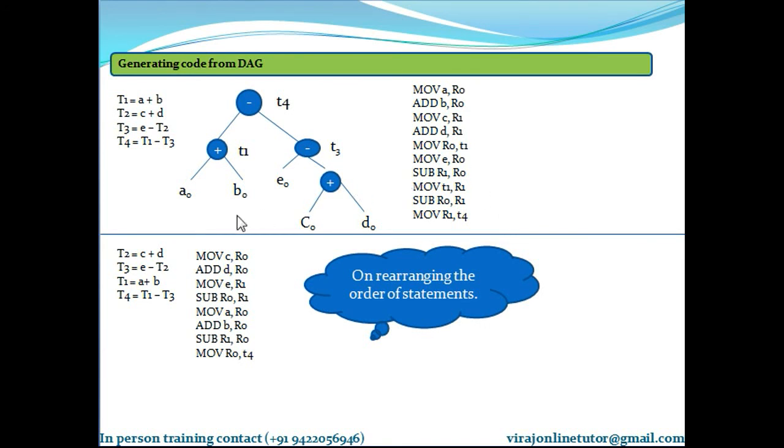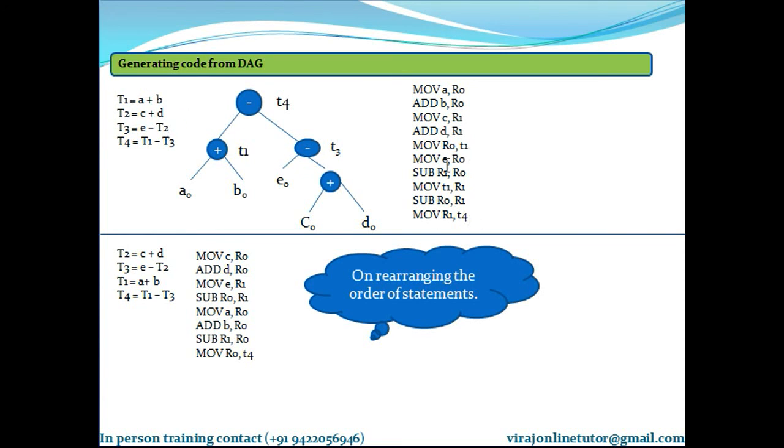machine code. Move A into a register, add B to that register. So R0 contains A plus B now. Move C into register R1, add D to that register. So R1 contains C plus D. Move R0, which contains A plus B, into T1.